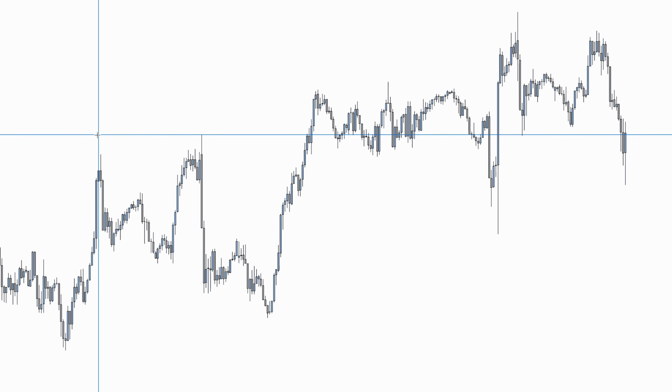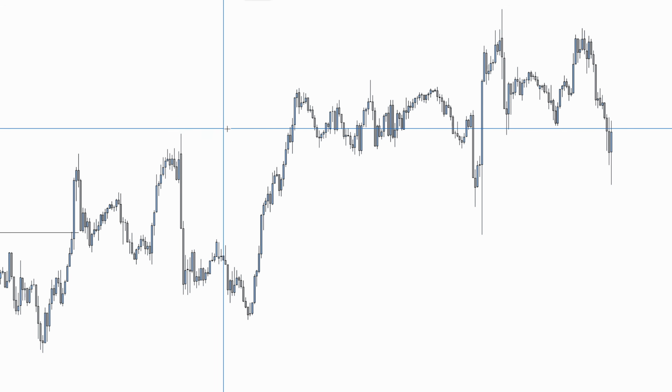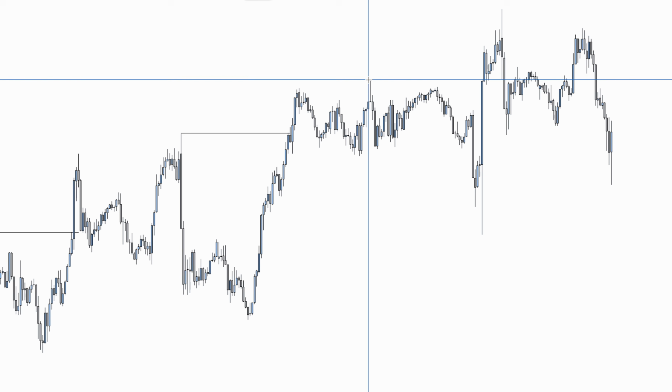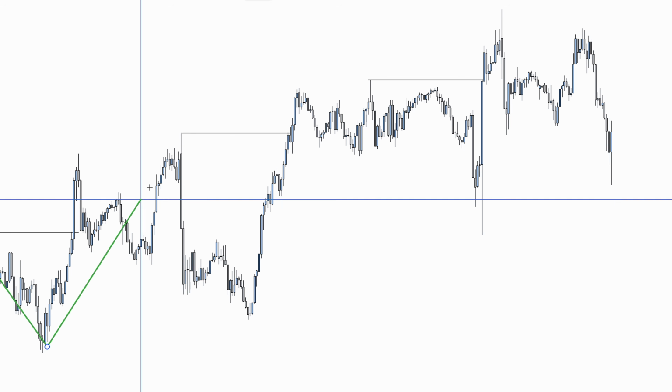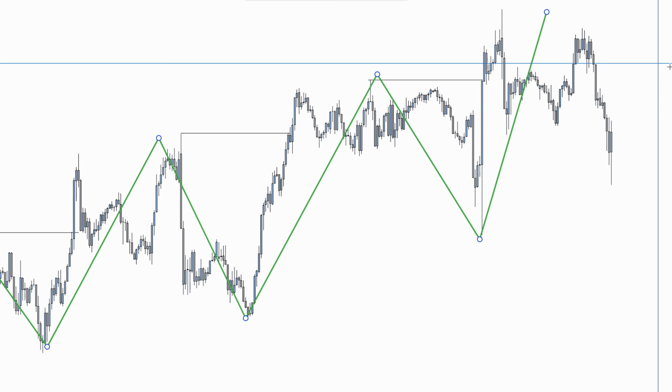All right, so here's an explanation of continuations. Here we have a market that is consistently making higher highs and higher lows, all right? We can see that the latest printed structure essentially looks like this. We have a high, low, high, low, high, low, high.